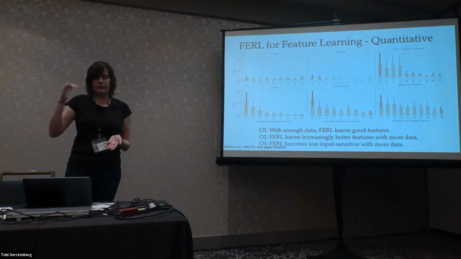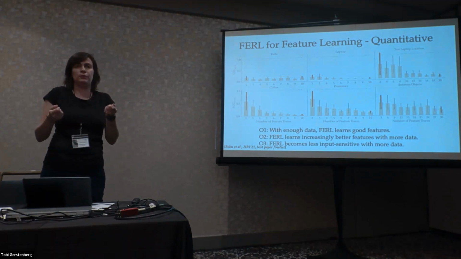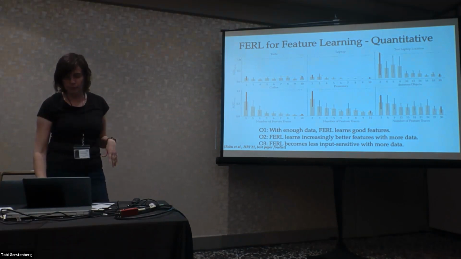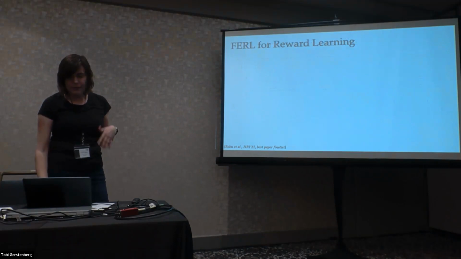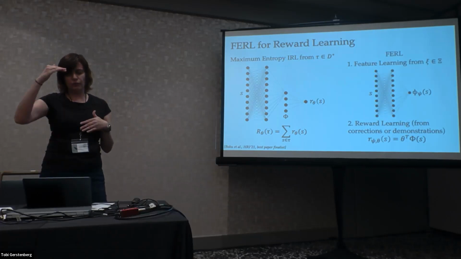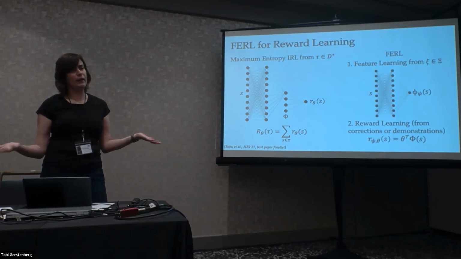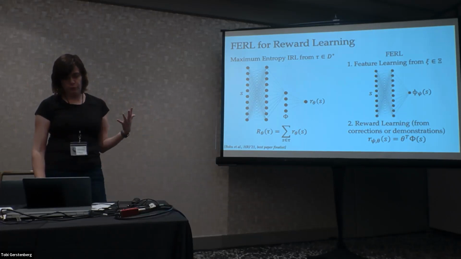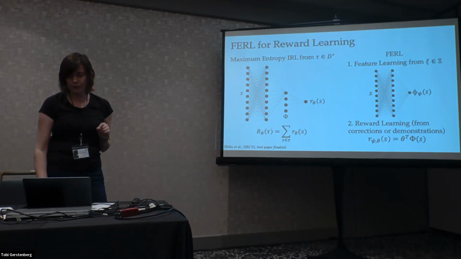The variance also decreases, so the quality of your feature traces is less important as you accumulate more data. Then we tried it for reward learning, where on the one hand you can do maximum entropy IRL, and on the other hand you can separate into features that you train and then put it all together with just a few demonstrations, or actually, I think Andrea tried a single correction.